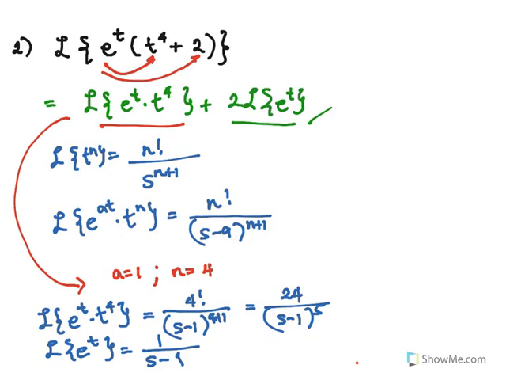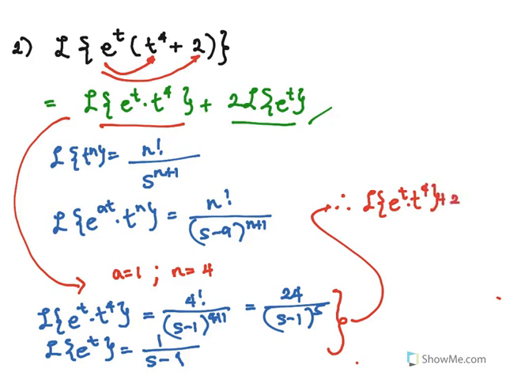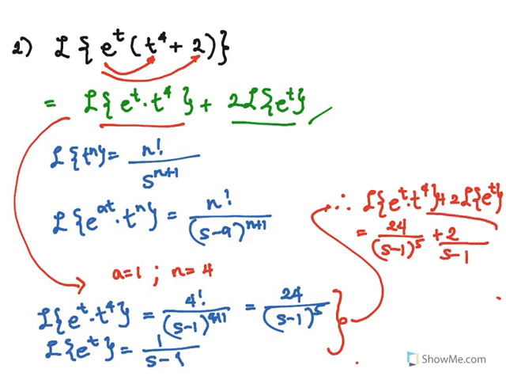Therefore, combining these two, the Laplace transform of e to the t times t to the fourth plus 2 times the Laplace transform of e to the t is equal to 24 over s minus 1 raised to 5 plus 2 times 1 over s minus 1, or 2 over s minus 1.